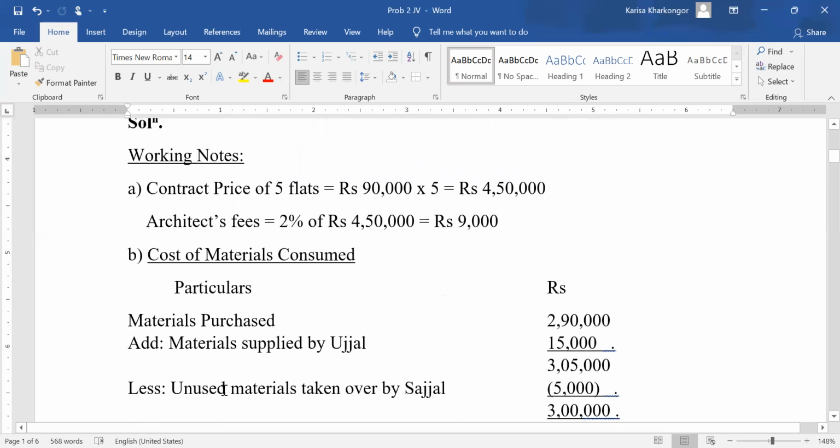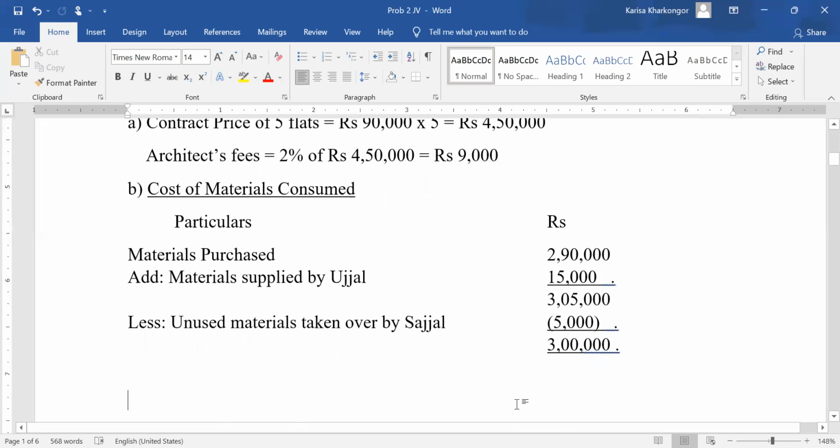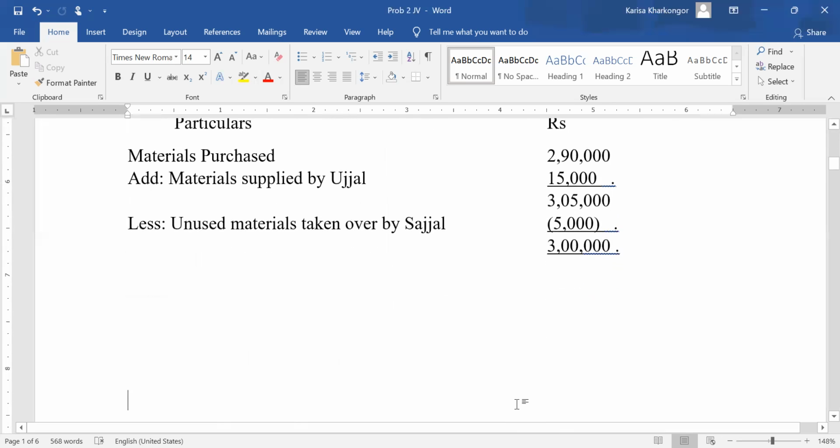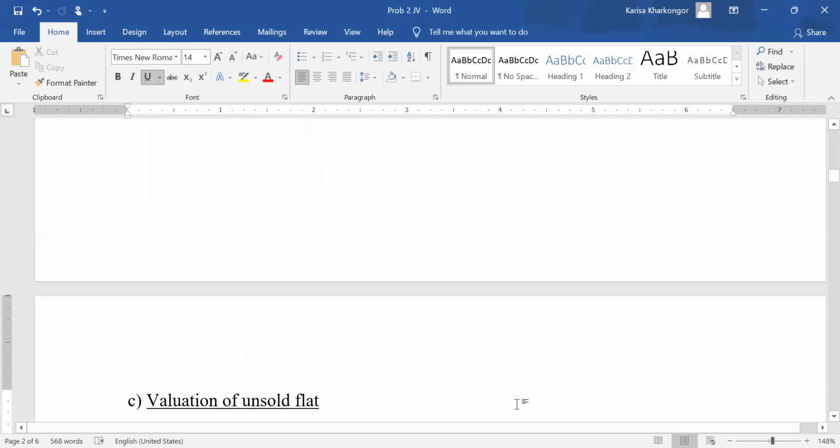So we deduct unused materials taken over by Sajal, which is 5,000. So after deduction, 3,05,000 minus 5,000 will give us the cost of materials consumed, rupees 3 lakhs.